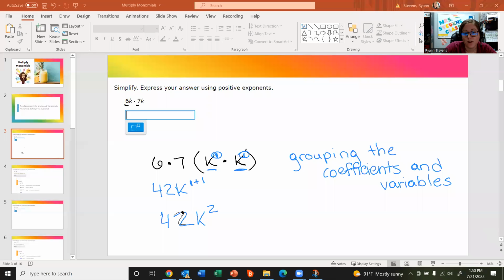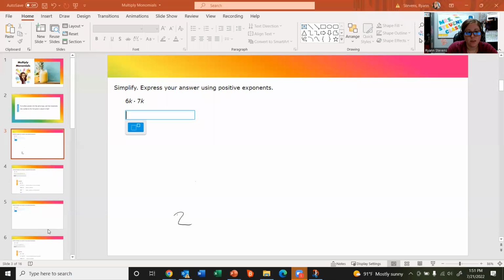So 42k squared. That would be our answer simplified. Since we don't know what k is, we couldn't go any further. Let's look at another one of these.